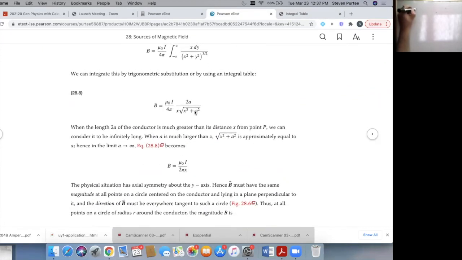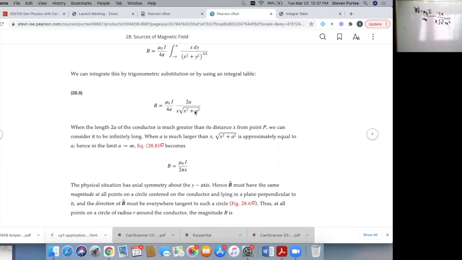So I'm going to write this down because now we're going to play a game with this. Mu naught I over 4 pi, 2a over x square root of x squared plus a squared.